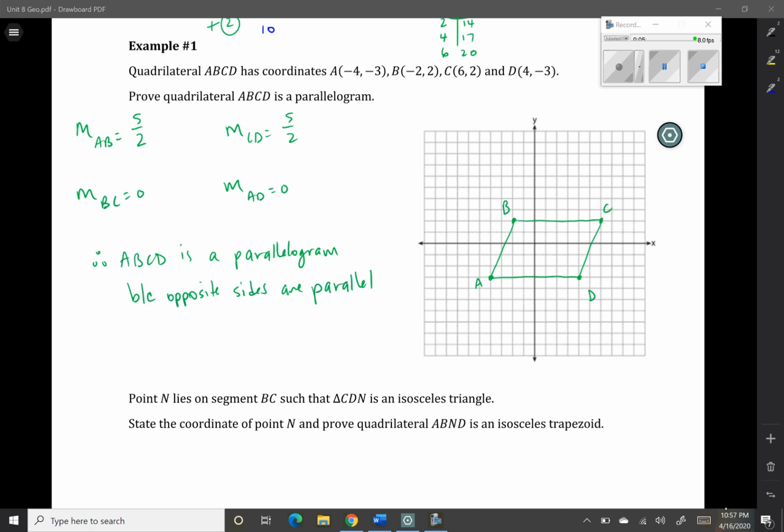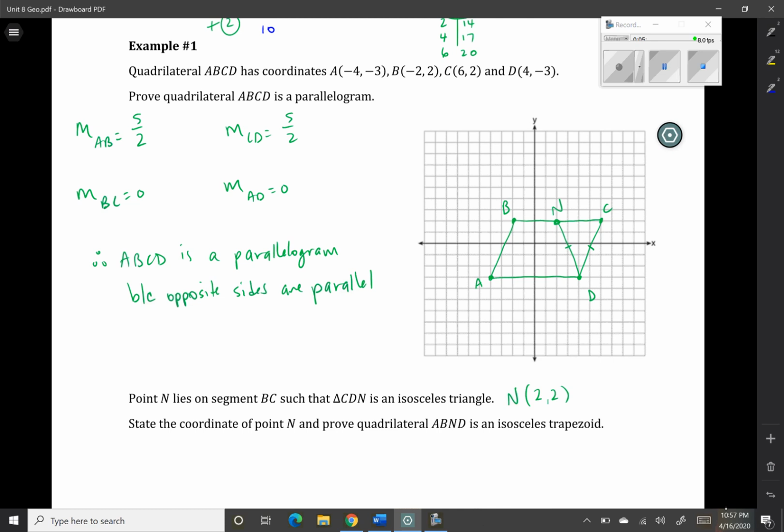So to get from D to C, I go to the right 2 up 5. So if I go to the left 2 up 5, I'd be at this coordinate of 2, 2. So point N has a coordinate of 2, 2. That would make it so that this segment is congruent to this segment. I know that just because of slope. If the rise and the run are the same, then we have the same length segment.